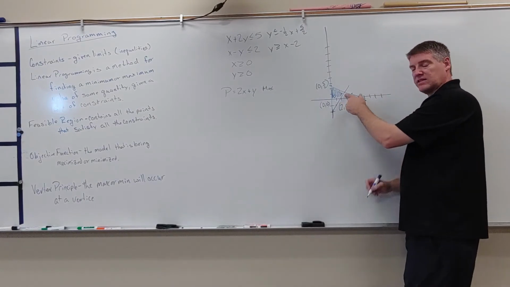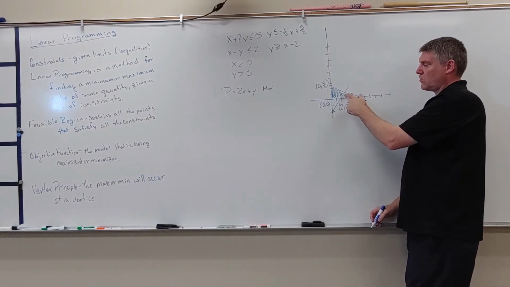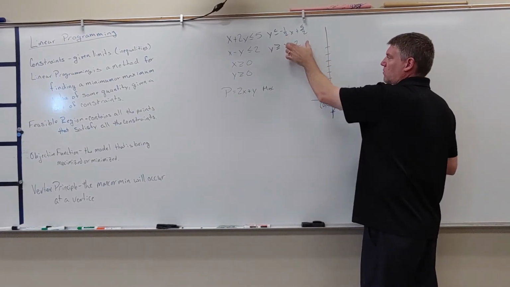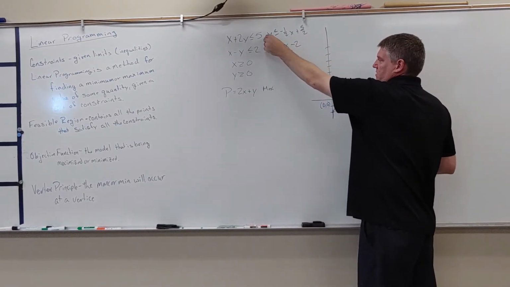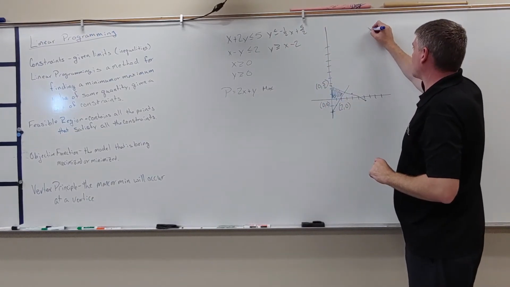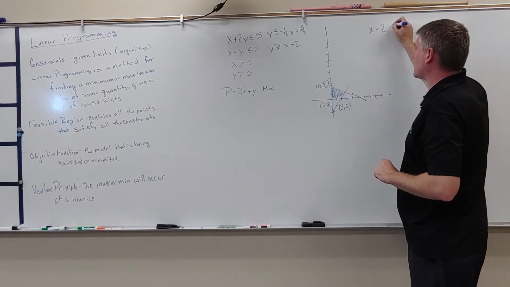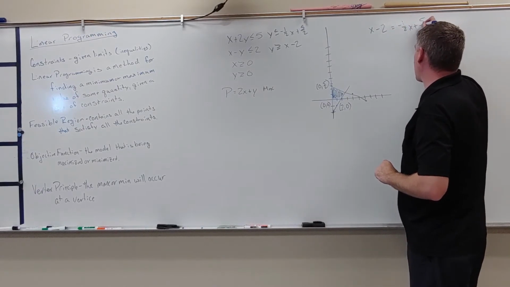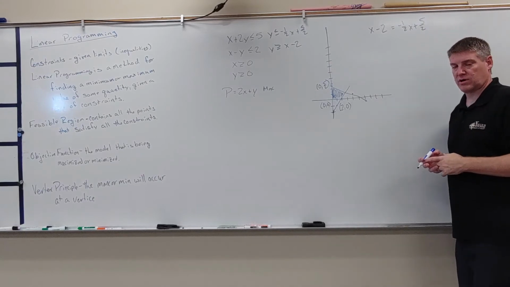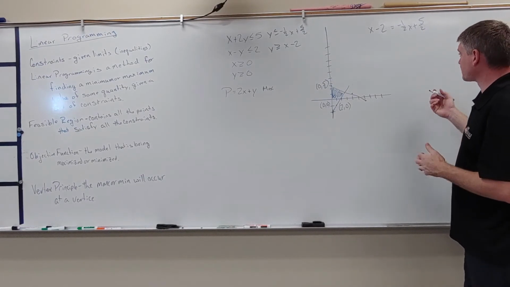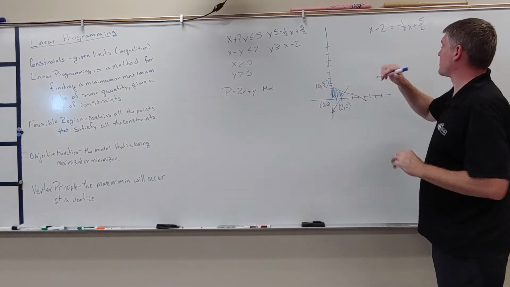Now, how do I find this corner? If you go back to systems of equations, we want to find where these two are equal. These are both equal to y, so I'm going to set them equal to each other. So I have x minus 2 equals negative 1/2 x plus 5/2. If you don't like working with halves, you can get rid of them by multiplying everything by 2.